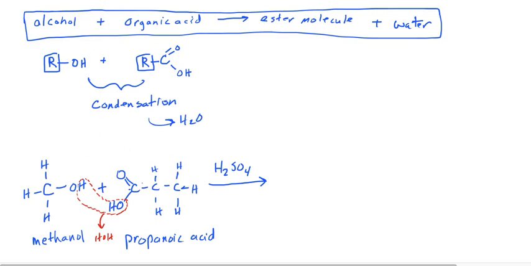So now, let's try to visualize this. You should be able to see that this oxygen right here has to come over here and bond with that carbon right there. So this oxygen has to bind with this carbon right here.